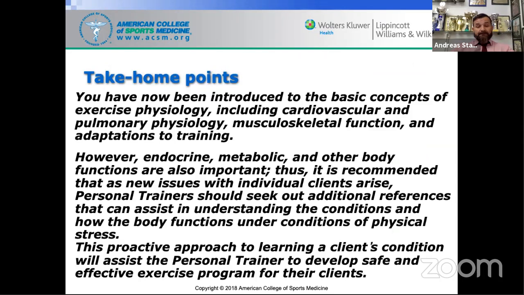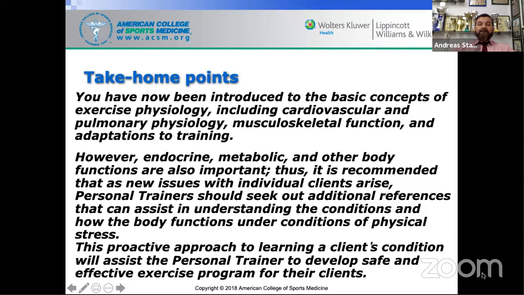Okay, take home points. Let's see. You have now been introduced to the basic concepts of exercise physiology, including cardiovascular and pulmonary physiology, musculoskeletal function, and adaptations to training. However, endocrine, metabolic, and other body functions are also important.